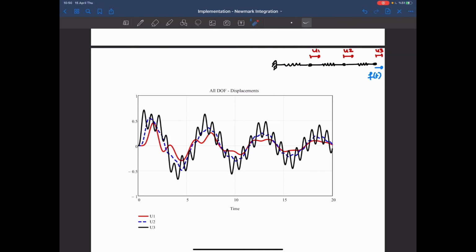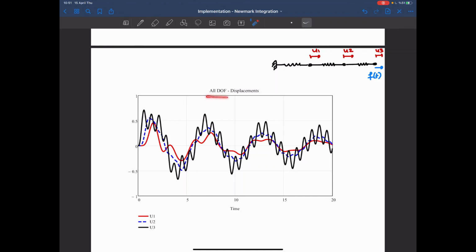So as you see, when you look at the response of the third degree of freedom, we see that the effect of the applied harmonic force is significant, but when you look at the second and the first degrees of freedom, it looks like they are somehow filtered, and I don't see the effect of that harmonic load that much.